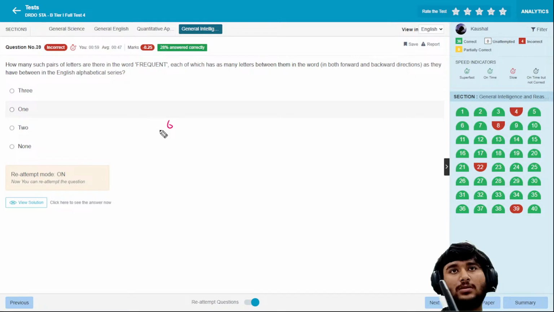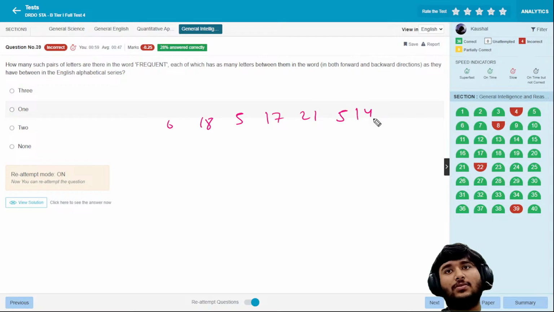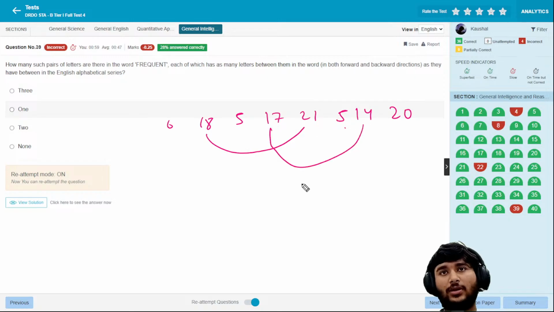Six, 18, 5, 17, 21, 5, 14, 20. This makes one. 15, 16, 17 this makes 2. This makes 3.